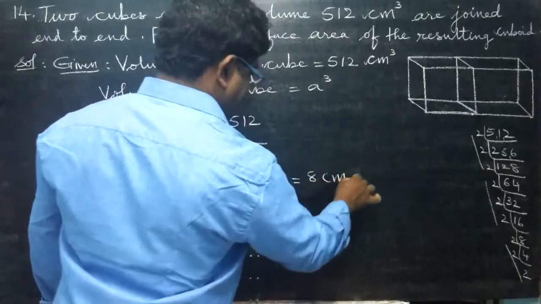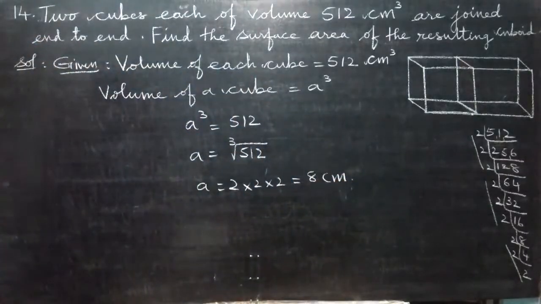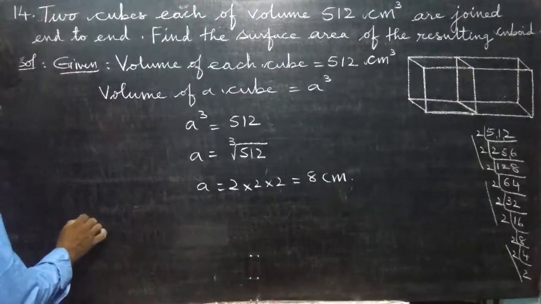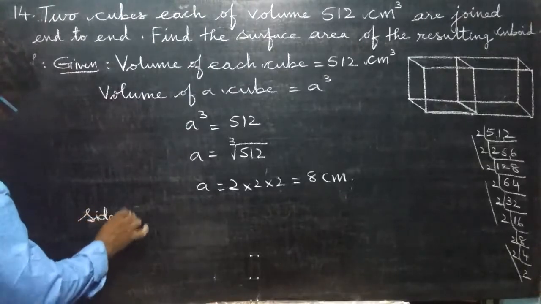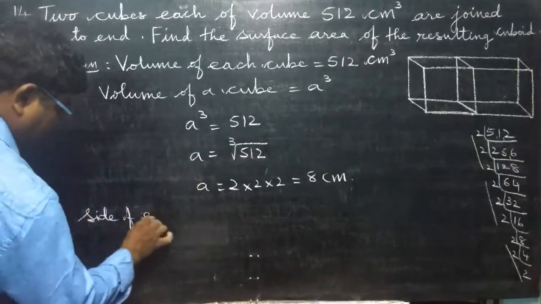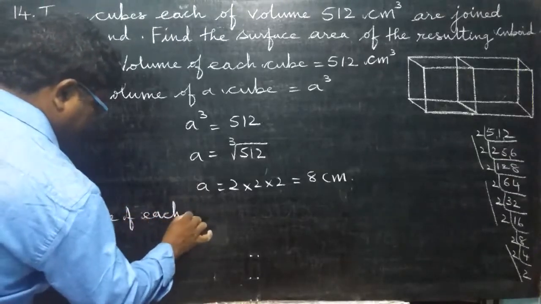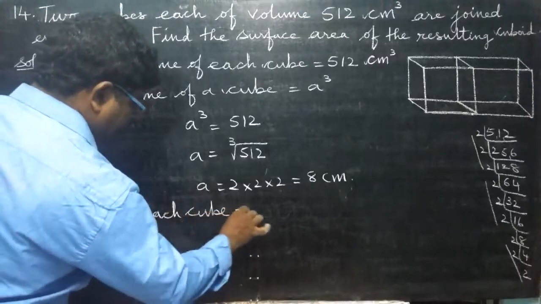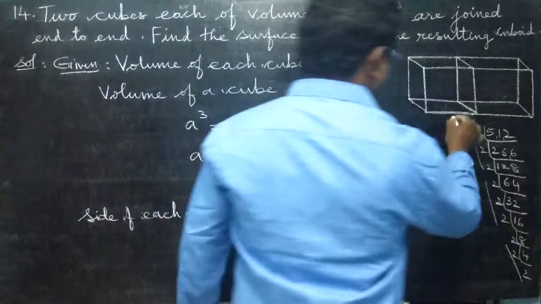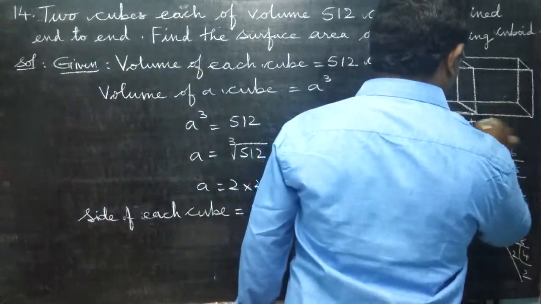So 8 centimeters. So what is the side or edge? Side of each cube is equal to 8 centimeters. Now 8 centimeters plus 8 centimeters. How much?